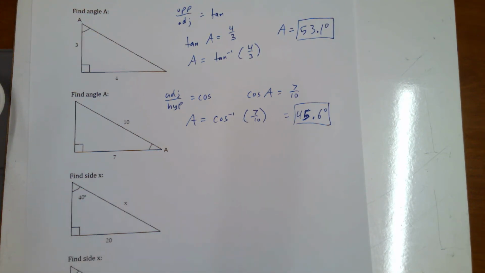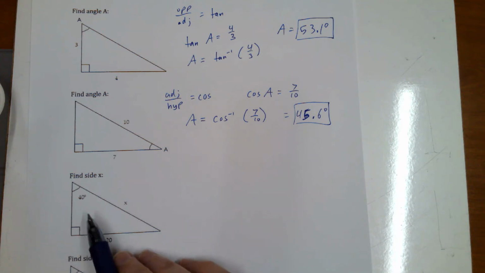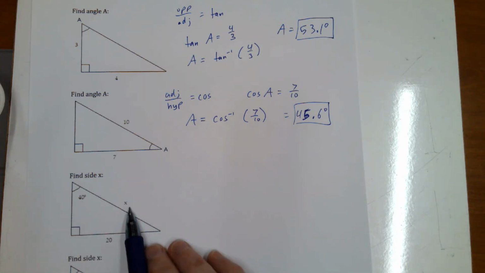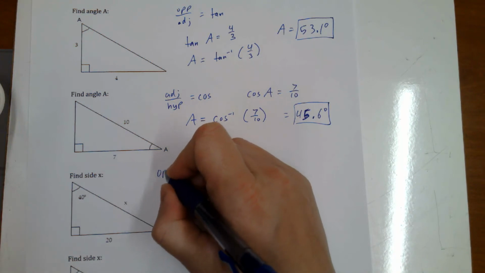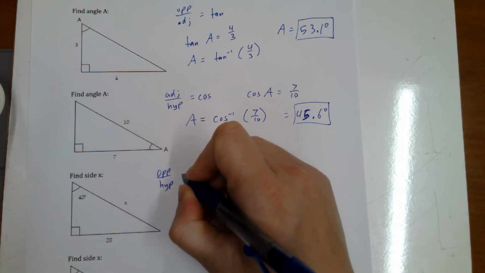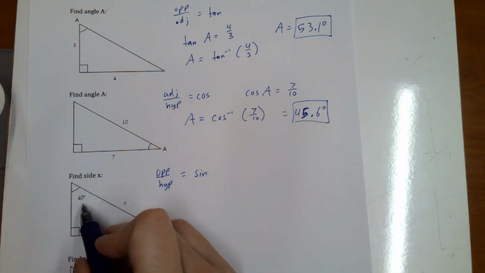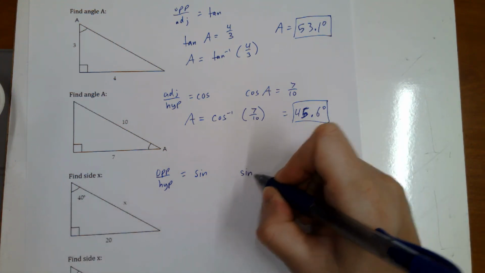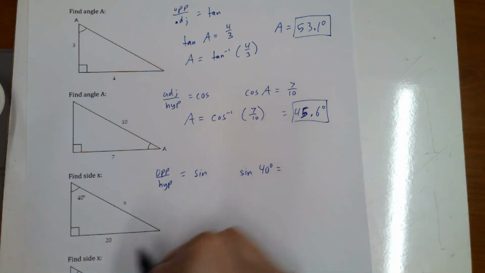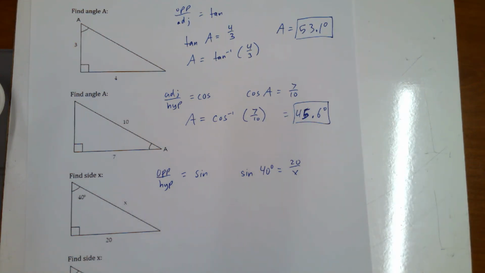Here I'm given the angle, and you'll notice I'm also given one of the sides. Looking at the angle, here is the opposite, and that's the hypotenuse. Once again, I am going to have to remember my definitions. That is the sine. This time I'm given the angle, so the sine of 40 degrees is going to be 20/x.